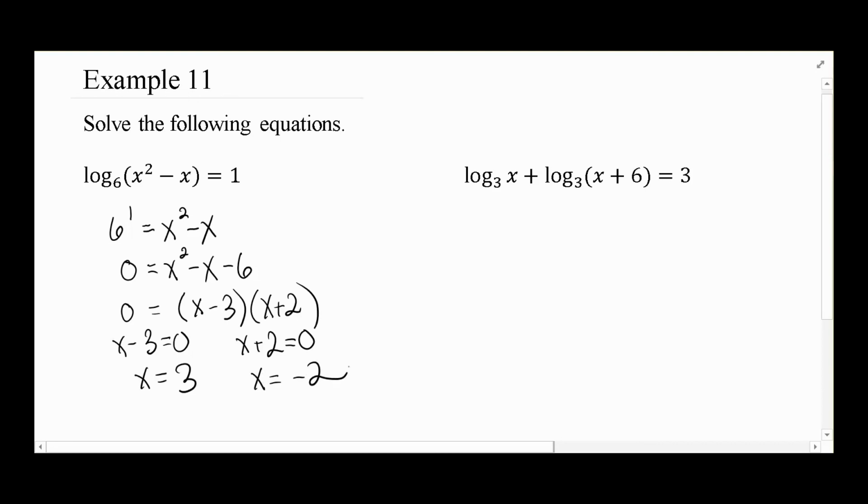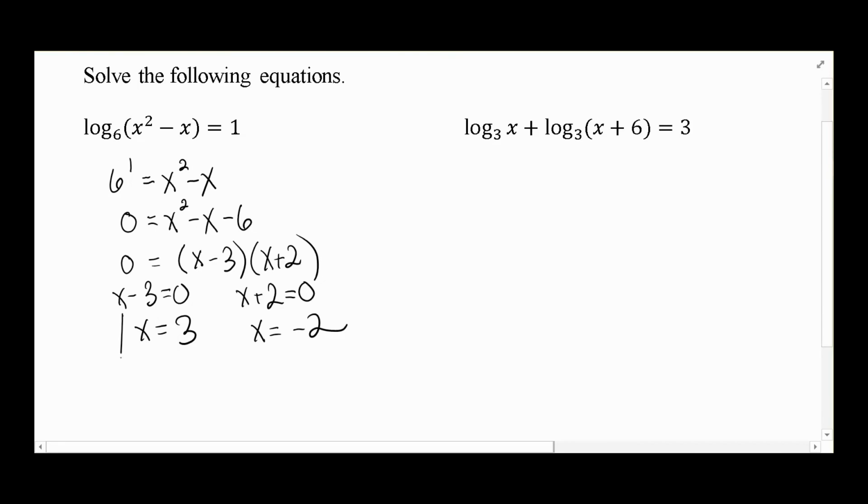Now both of these answers are in fact going to work, but I do want to tell you that when it comes to logarithmic equations, this is going to be a case where we should check our answer to make sure we didn't get an extraneous solution, an extra one that needs to be thrown out. And what we're looking for is we need to make sure that whatever answers we get make our arguments positive.